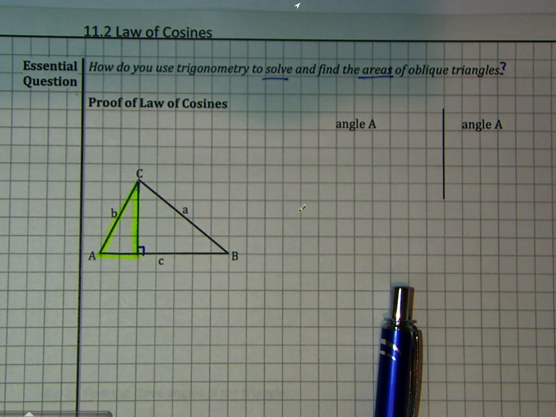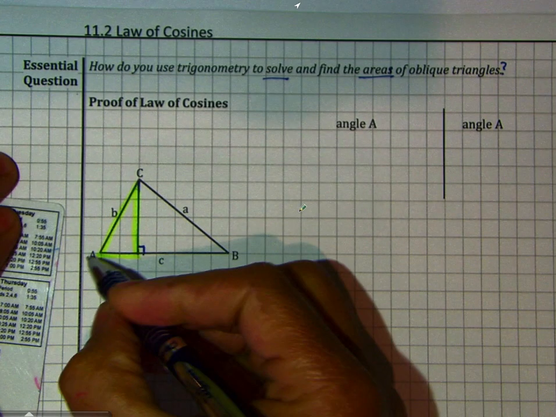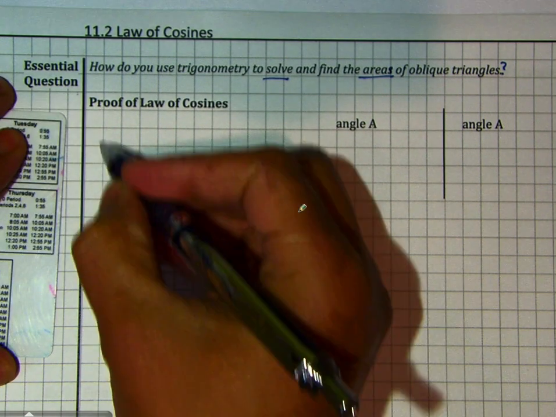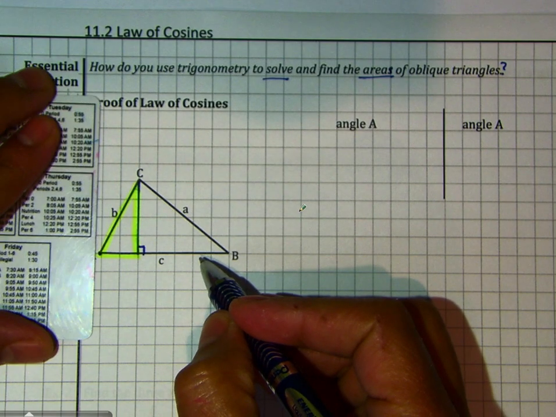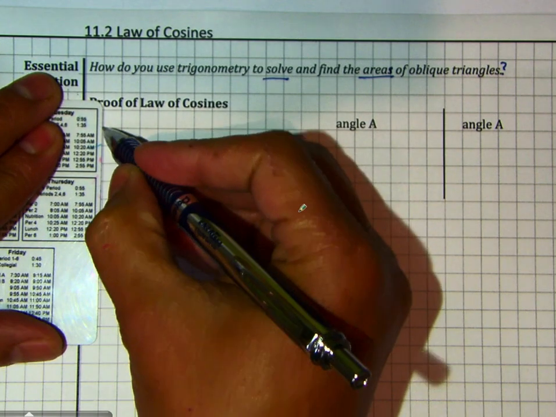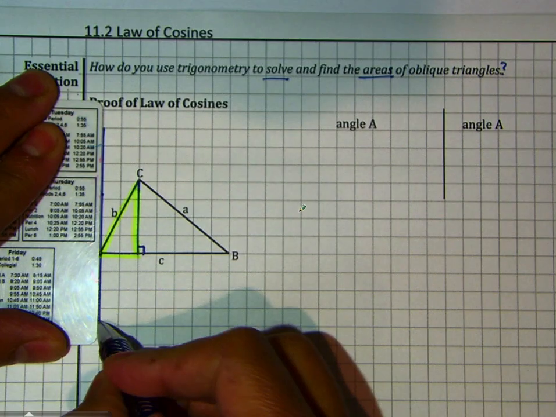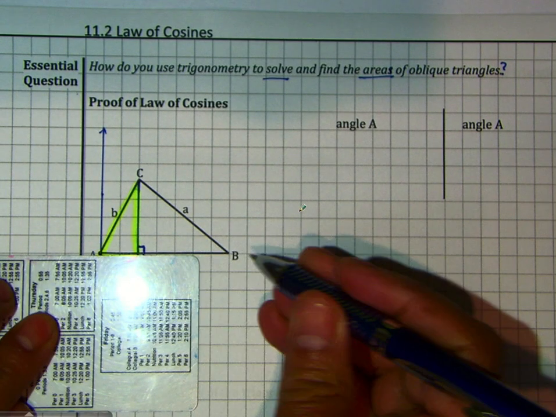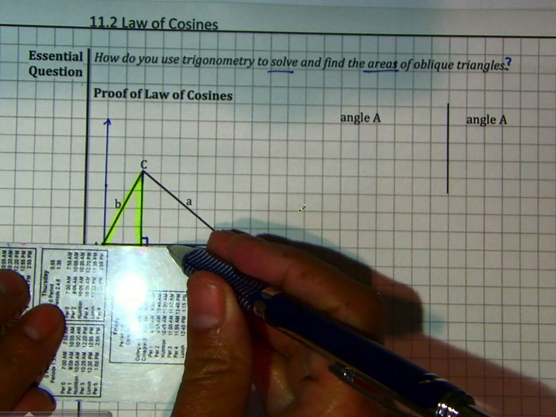Now, to prove the law of cosines, we are going to place point A as your origin. So we're going to build a y and x-axis. Point A will become your origin, and side C will become your x-axis.